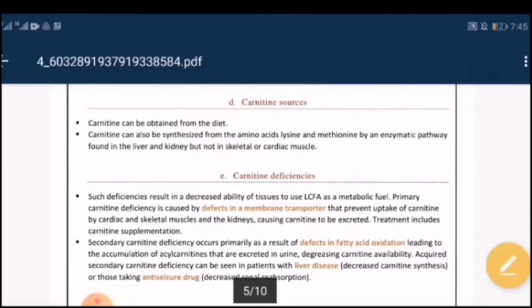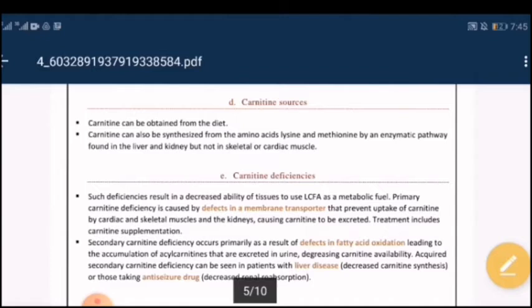Carnitine sources. We are going to talk about how our hero carnitine helps the fatty acid get into the mitochondria. But who is carnitine, and how did it get into our body? Actually, there are two ways. Easier is through diet, mainly through meat products.